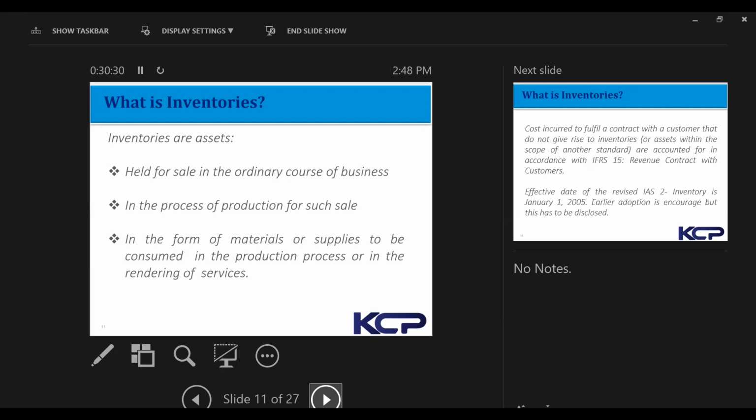We decide to advertise for sale one of the two buildings. Does that qualify as our inventory? No. Why? Because we are not in the business of selling buildings. So even if I have things I've held for sale, outside my ordinary course of business, they do not qualify as my inventory. What standard takes care of that? Building.